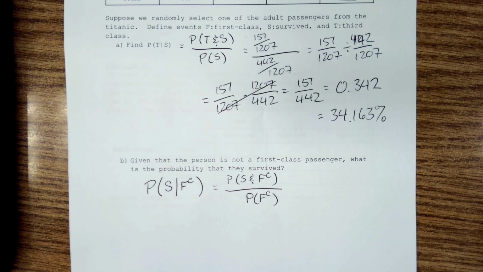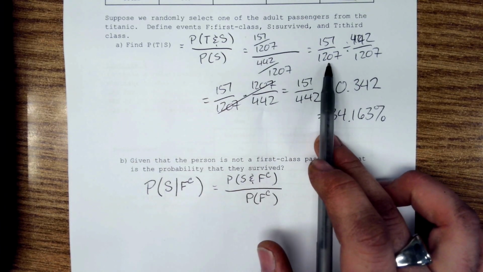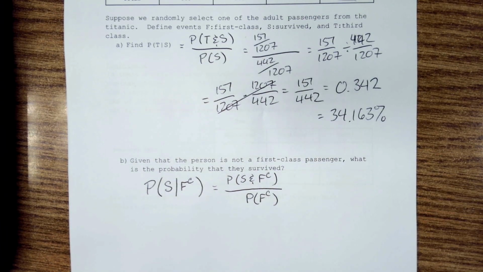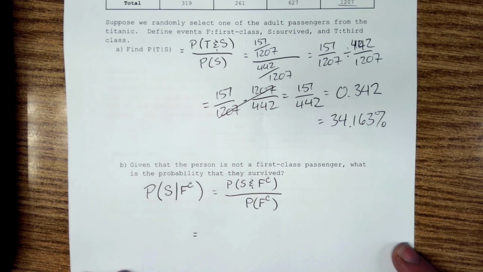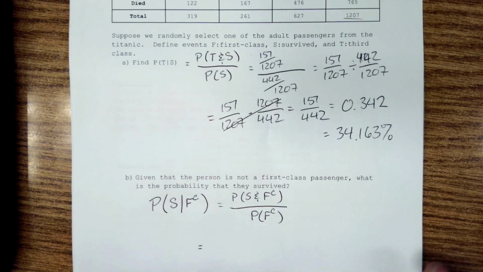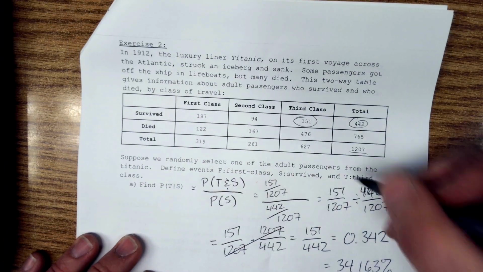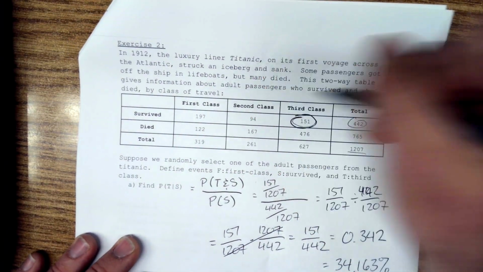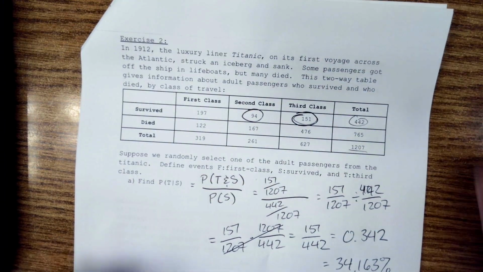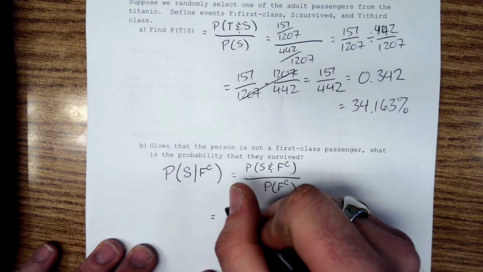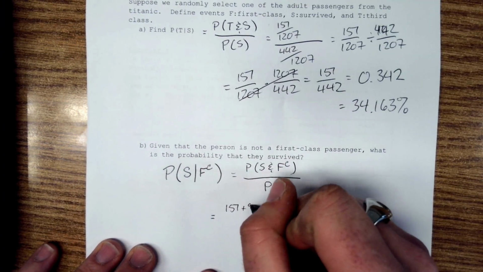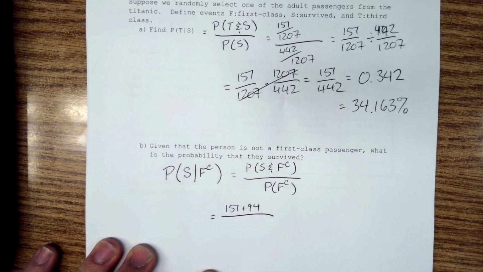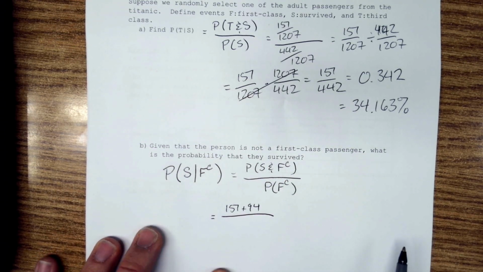So again, since we're all going to be dividing by fractions over 1207, we can just find some totals here. So the people who survived and were not in first class were these 151 from third and these 94 from second. So 151 plus 94 out of the people who were not in first class.